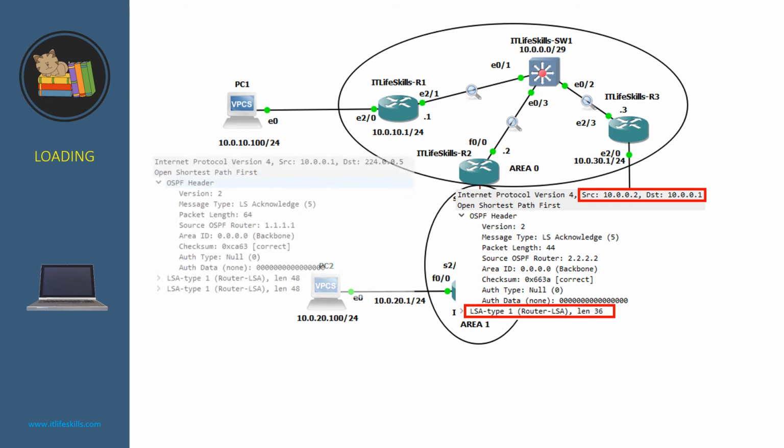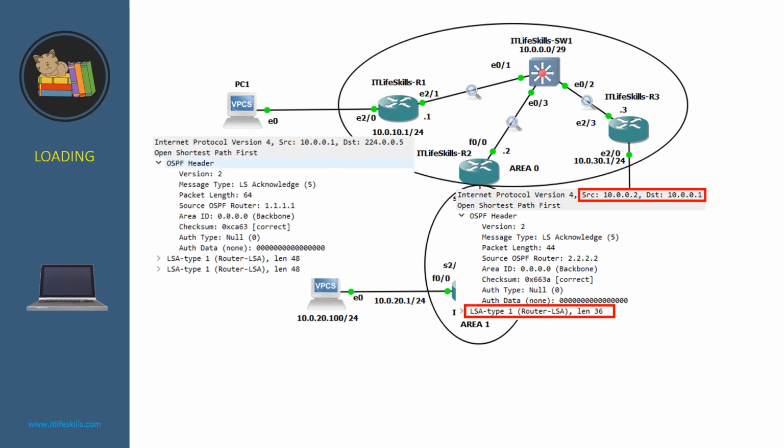And here is a link state acknowledge packet that router 1 sent to all the neighbors. The reason is that router 1 is the DR. In this case, router 1 confirmed that it got the two router LSAs. The loading continues until the link state databases of all routers are in sync.